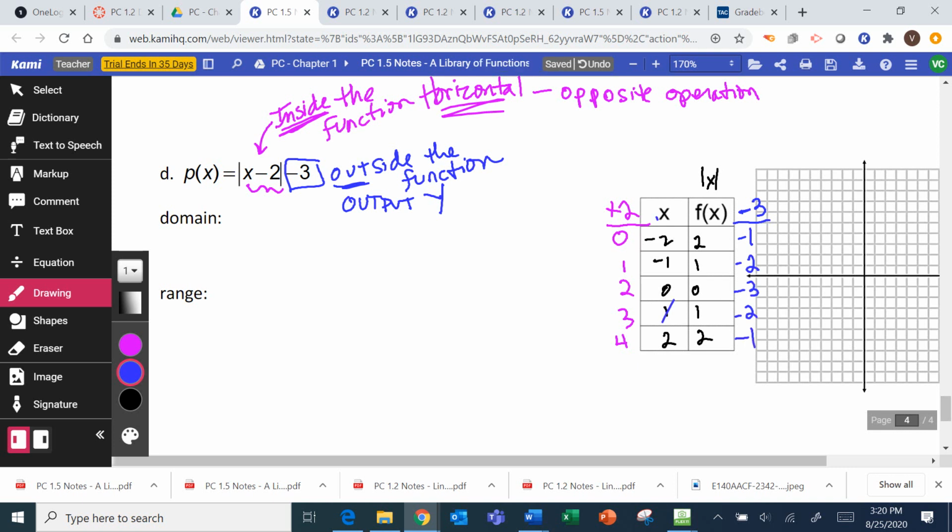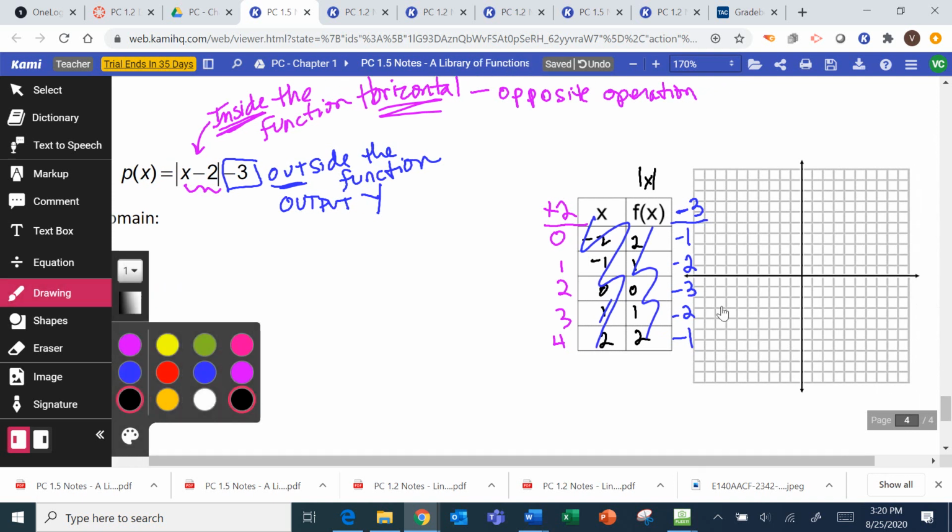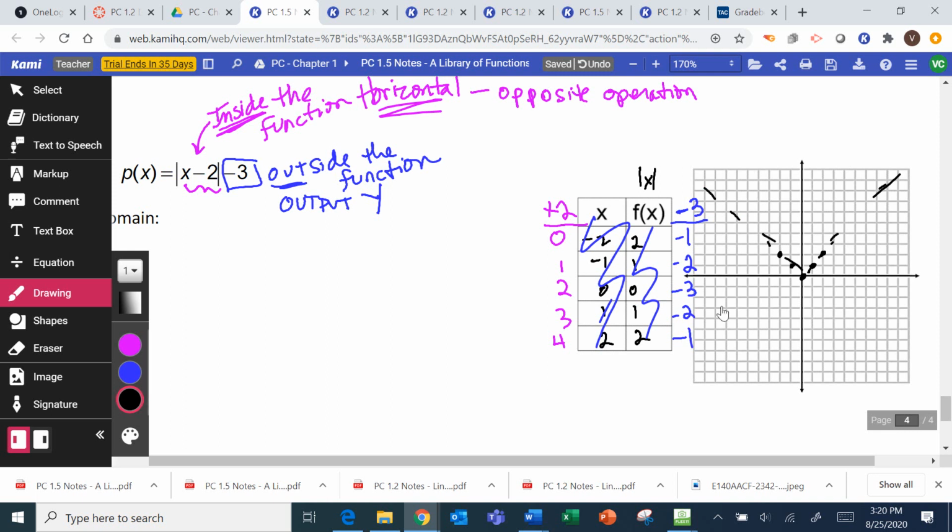Now, I don't even need any of the x's or the y's. I, of course, forgot to graph my parent function. Again, you don't have to do that. I'm just trying to help you see this graph and how it transforms. So let's see, we've got 0, -1, 1, -2, 2, -3, 3, -2, and 4, -1.